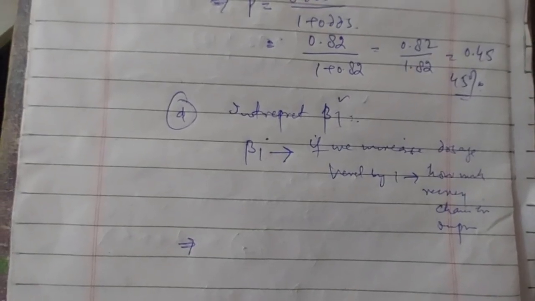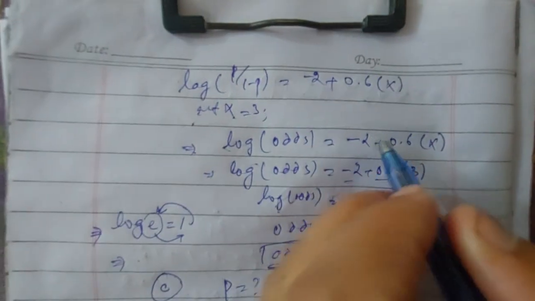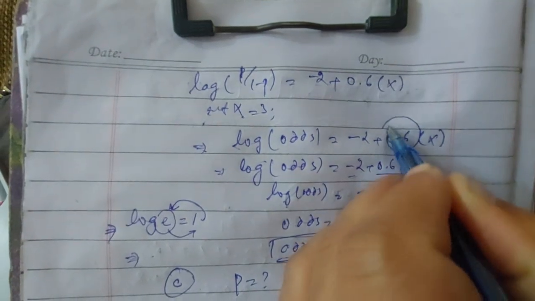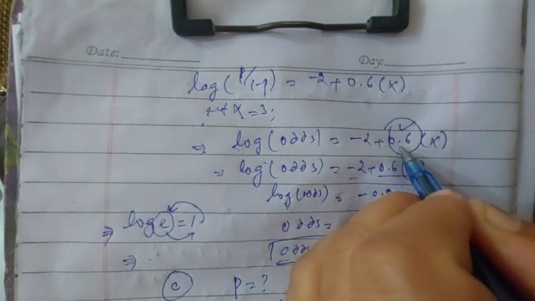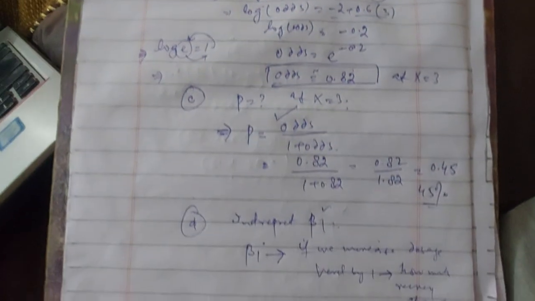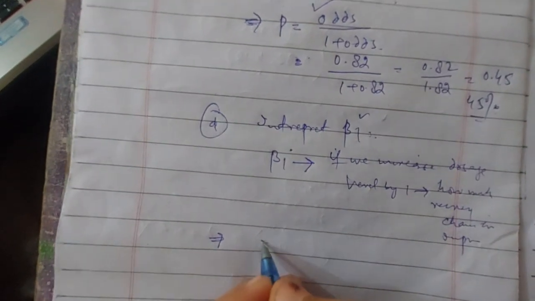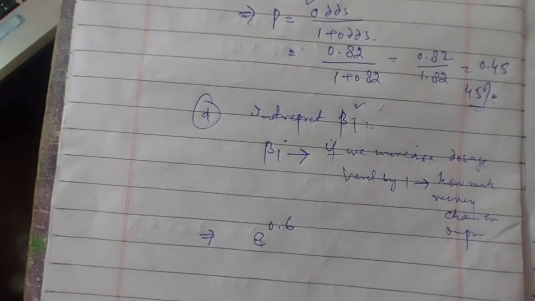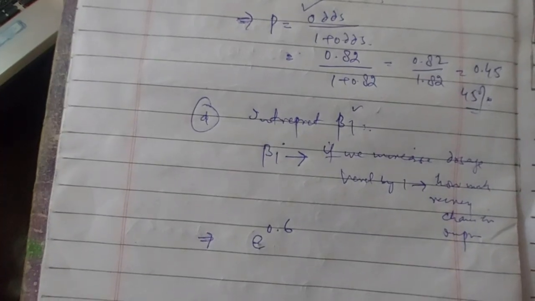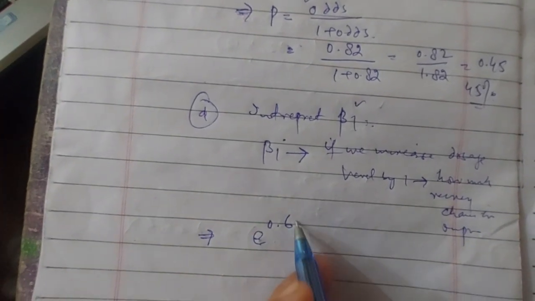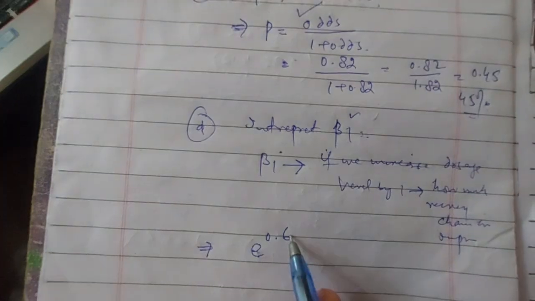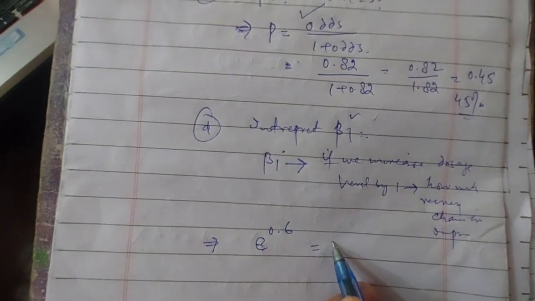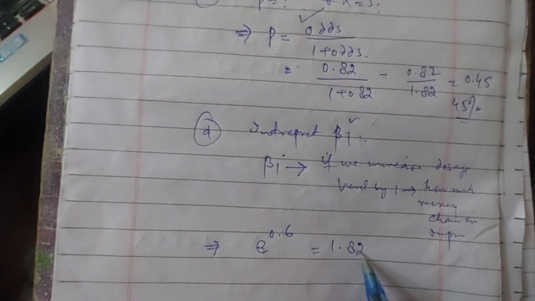We know that the coefficient of beta 1 has a value of 0.6 as per the equation. So what we do is we take the exponent, e raised to power 0.6, the beta 1 value. The value it gives us is 1.82.